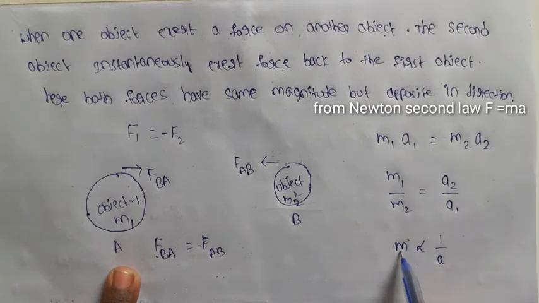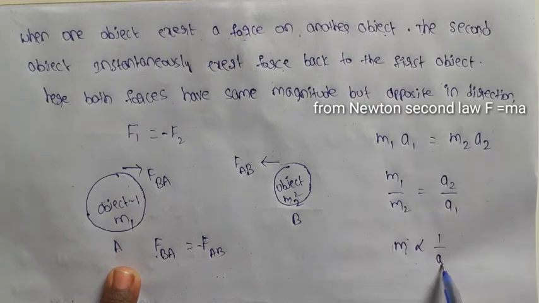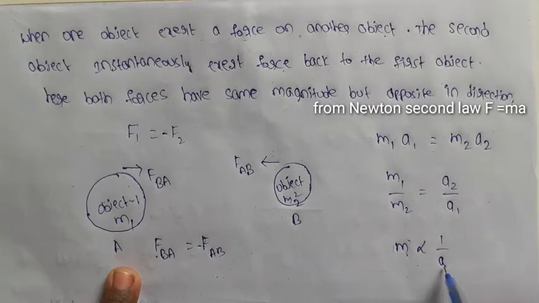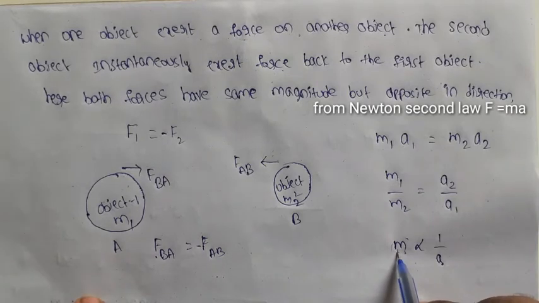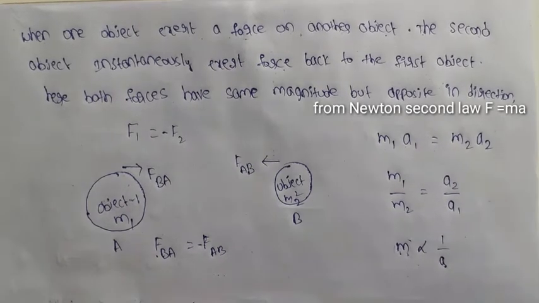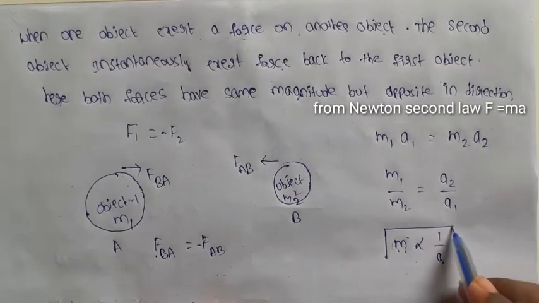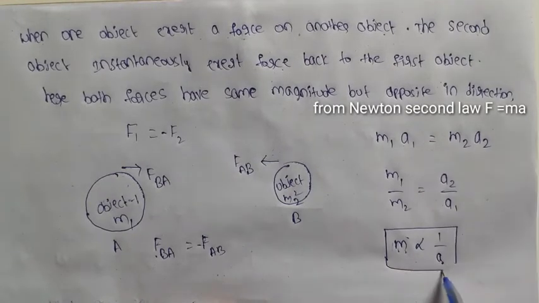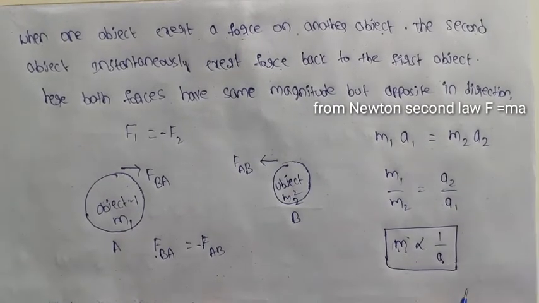If you increase the mass, it produces very low acceleration. If you increase the acceleration, the mass is very low. This is the relation between mass and acceleration of an object.